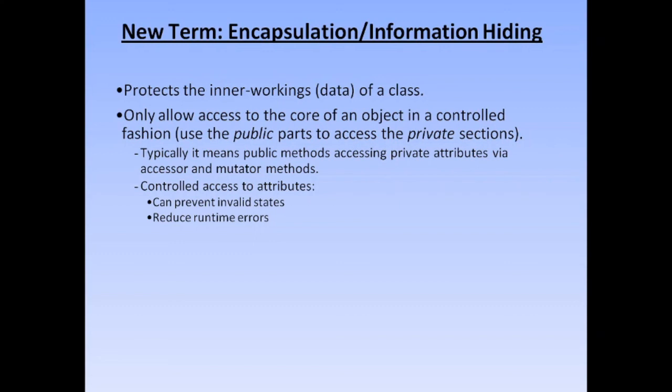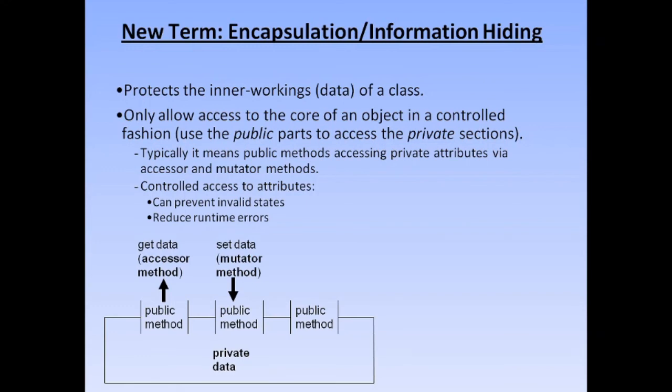And what is information hiding? Information hiding is a term very related to data abstraction. That is, whatever information we want to expose to different levels of users, with the help of the private, protected, public and default keywords and scope, we are able to provide data abstraction.